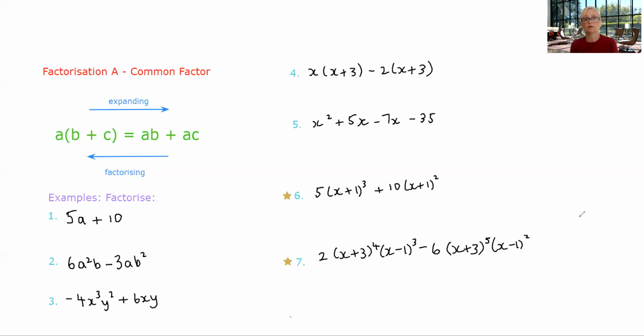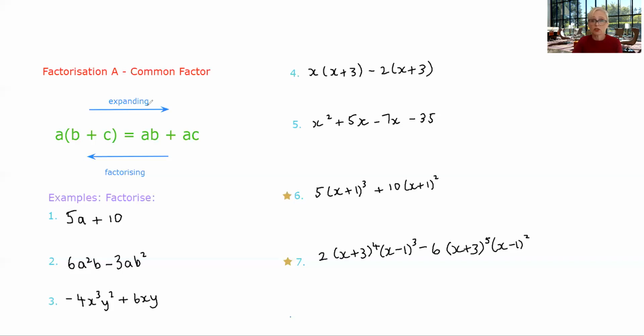Now, let me first of all just point out the fact that expansion and factorisation are doing the opposite things. I have done a series of videos on expansion, and that's when you use your distributive law. Remember, we said that A times (B plus C) was AB plus AC.